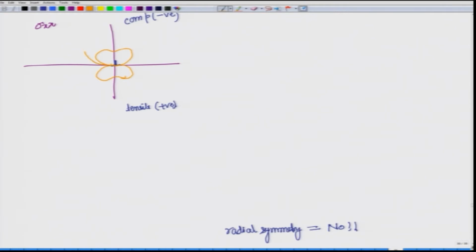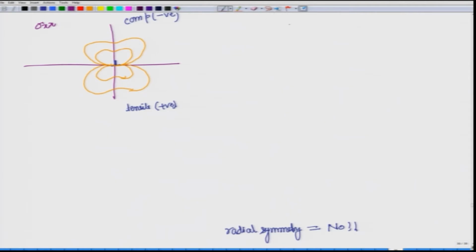The values would keep decreasing, but the form would remain the same. It will have mirror symmetry along the y direction, although it may not look like it from this drawing, but you must realize that it is just a hand drawing, and in reality there will be mirror symmetry along the y direction. So, this is how xx would look.